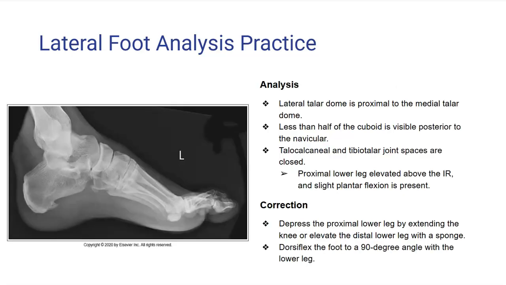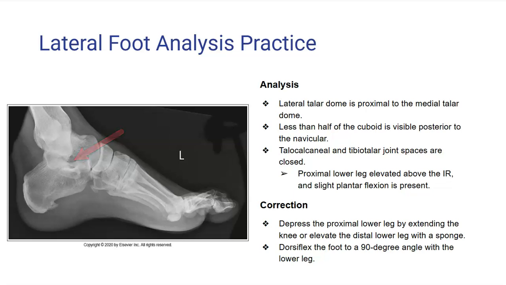Let's take a look at this last practice analysis together. When evaluating this image, the first thing that I look for is, are my talar domes superimposed? And in this case, they are not superimposed. The tibio-talar joint space is closed and the talocalcaneal joint space is closed.